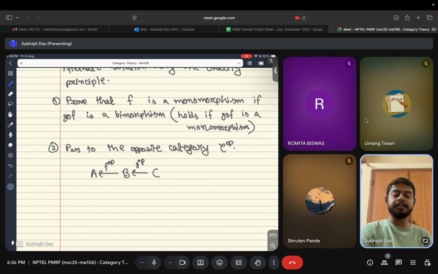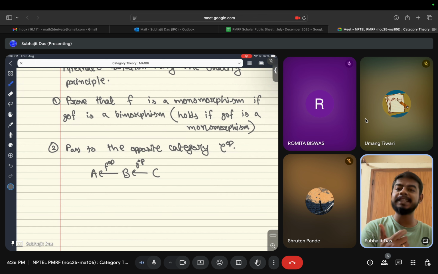So the result that G composed F is a bimorphism implies F is a monomorphism holds in any category, right?